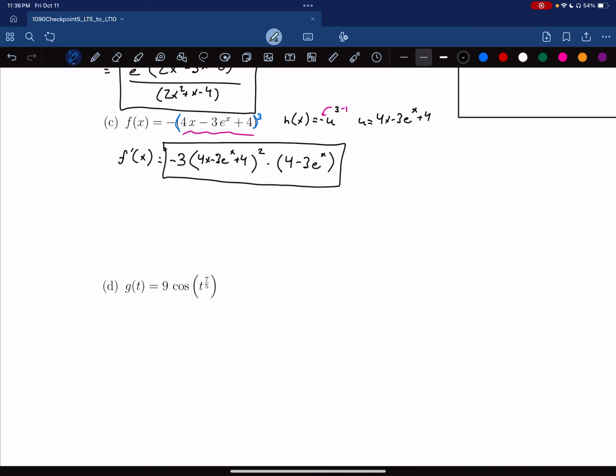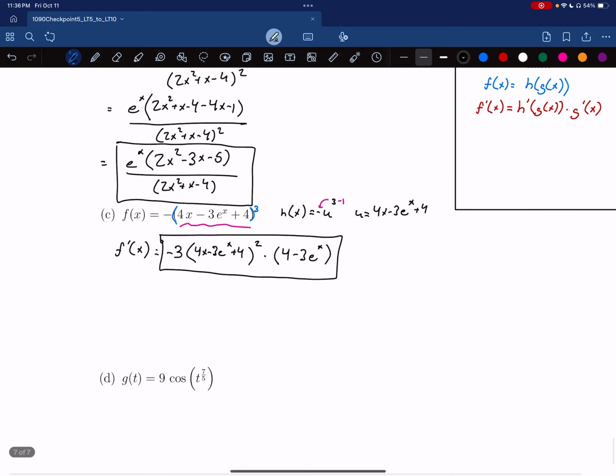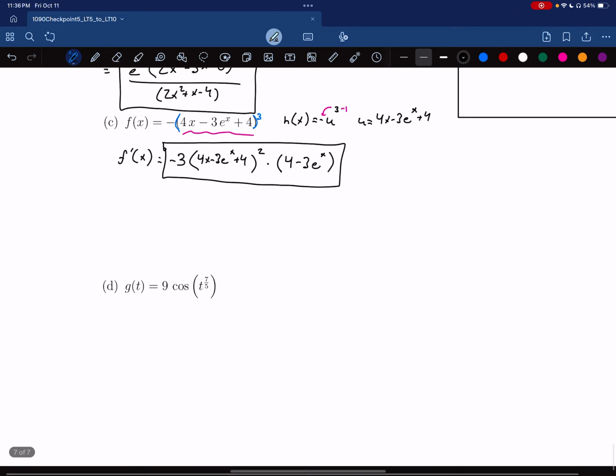All right, last problem here. This also looks to me like a chain rule problem. So for g prime of t, we need to consider the derivative of the outside function.